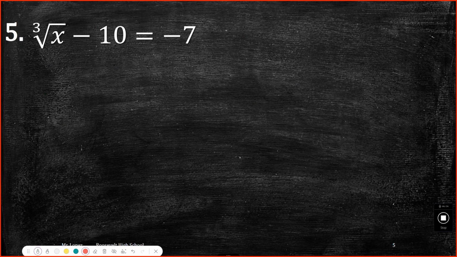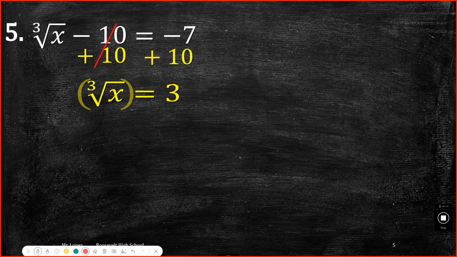So there's something extra right next to the x. Add 10 to both sides is step number 1. So now we're going to have cube root of x equal 3. Now we're going to do what? Hold it and cube it. Cancel out. X equals what? 27?